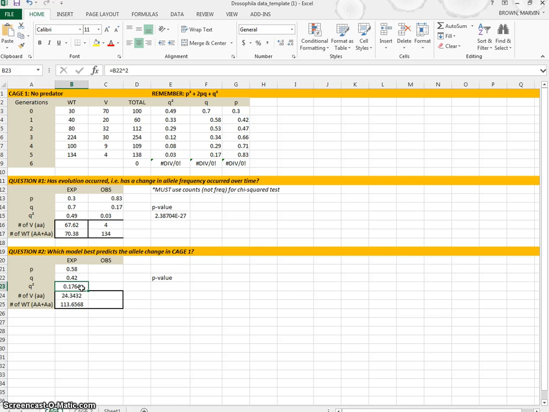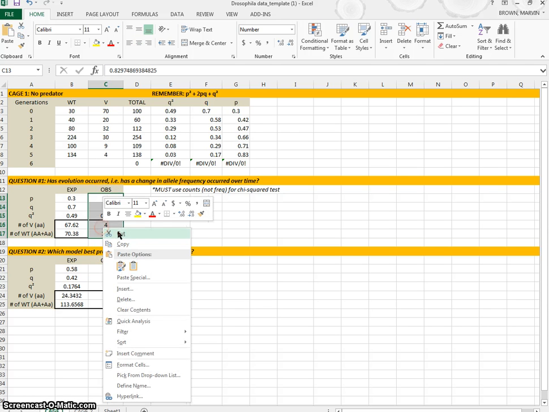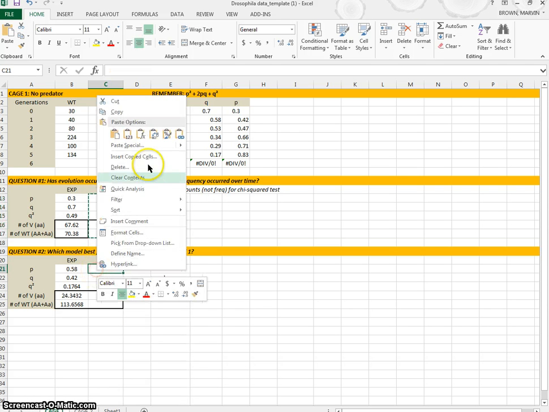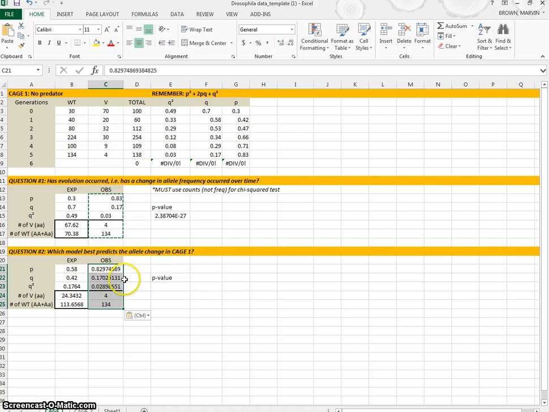So q squared is just q squared, and the number of vestigials is just the total number times our q squared, and then our total minus our vestigials gives us the number of wild type. So we go back up here and we can simply do this because it is the same thing. Just paste the number in.